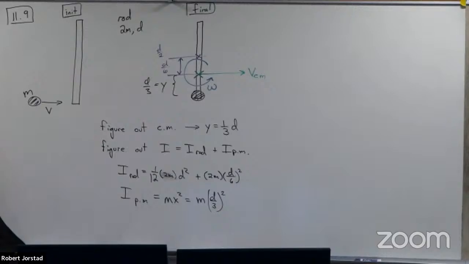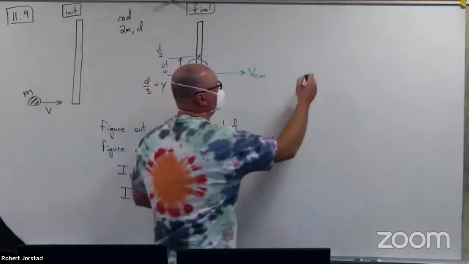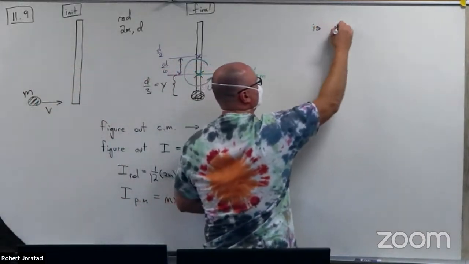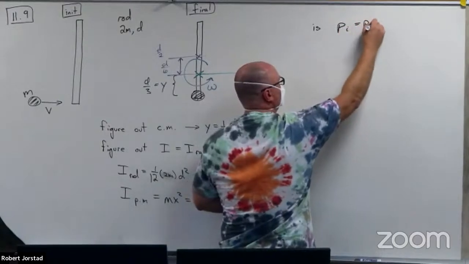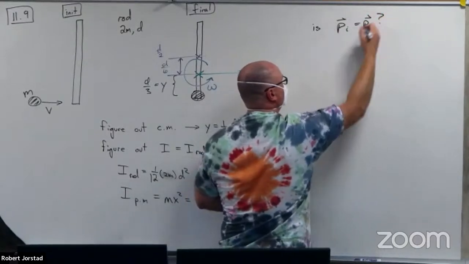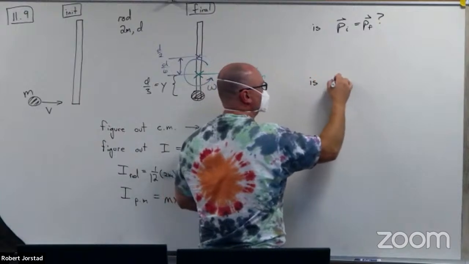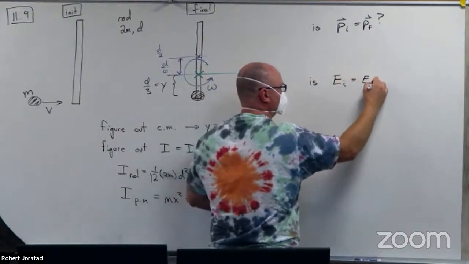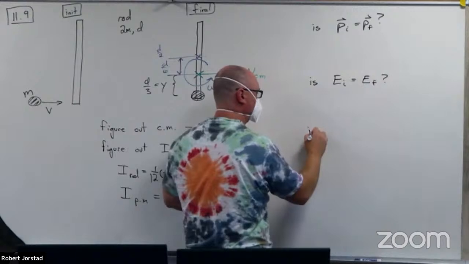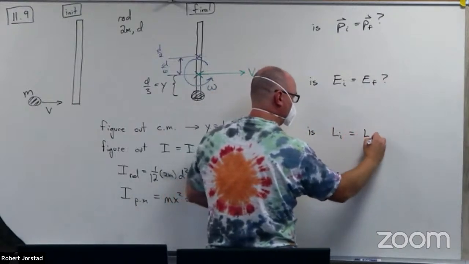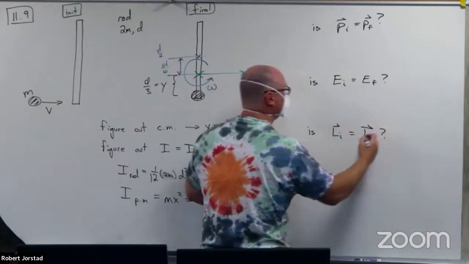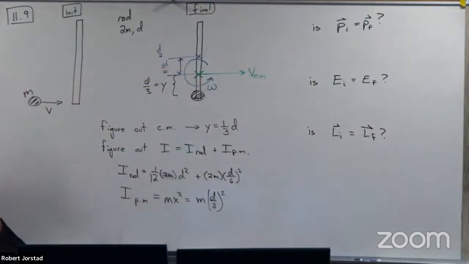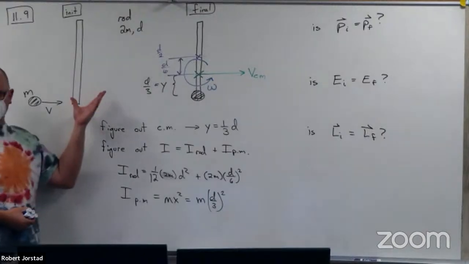All right. Now what are we going to do? I've got 3 questions. Is momentum conserved? Linear momentum, yes or no? Yeah. These are the only 2 objects that are out in deep space.